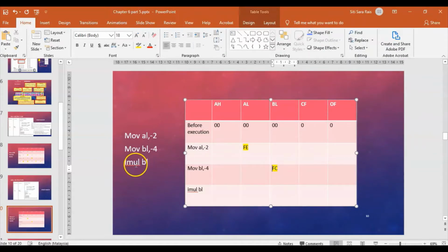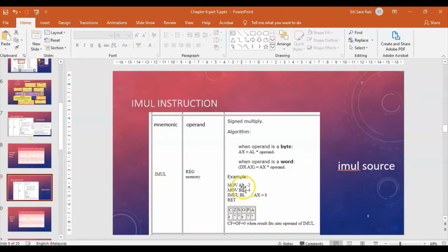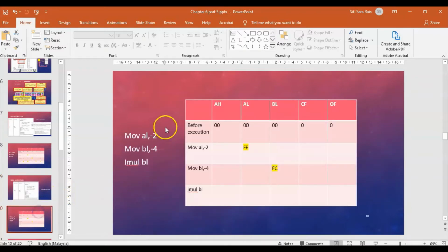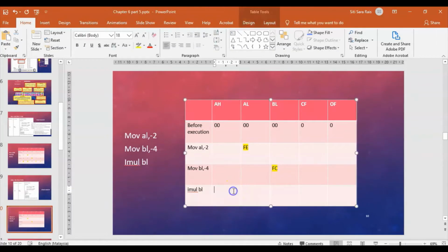IMUL will save in AX because the size is byte. The operation is byte, AL is 8 bit and our operand is 8 bit, and then it will save in AX. So AX will have 0008.